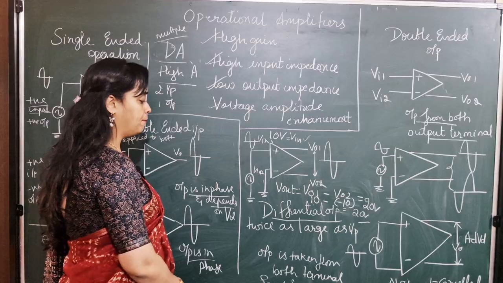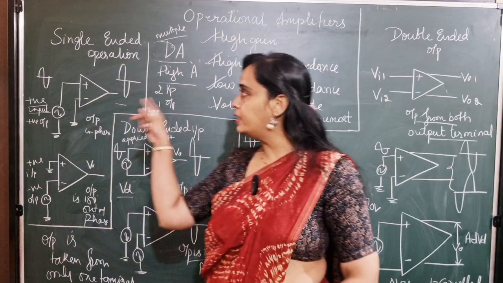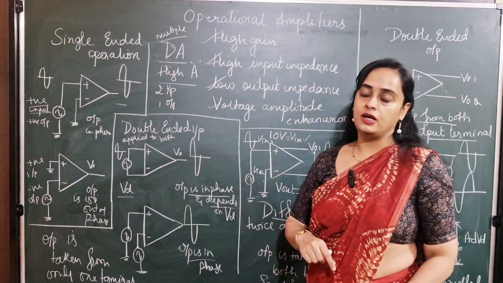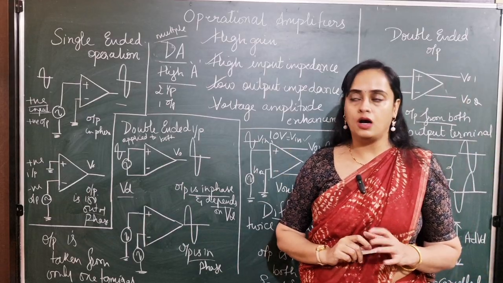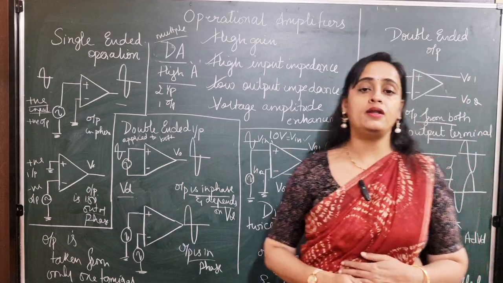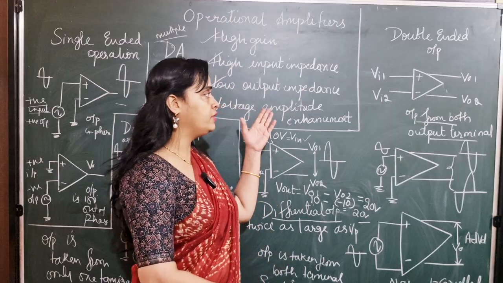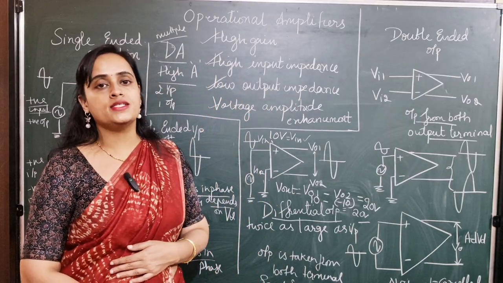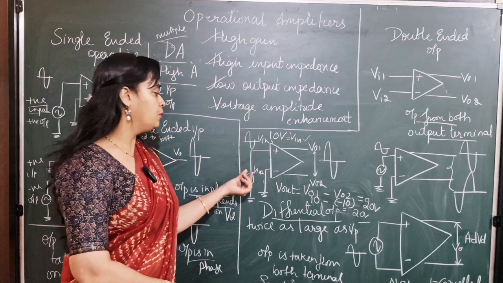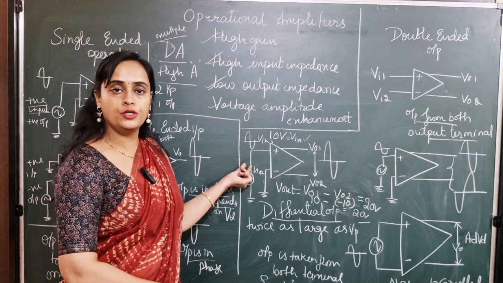And to compare single-ended input and differential input, here in this case the input is applied to only one terminal, and the output is taken across one terminal. But in the case of double-ended operation, noise usually gets cancelled, because the input applied is the difference between two inputs.